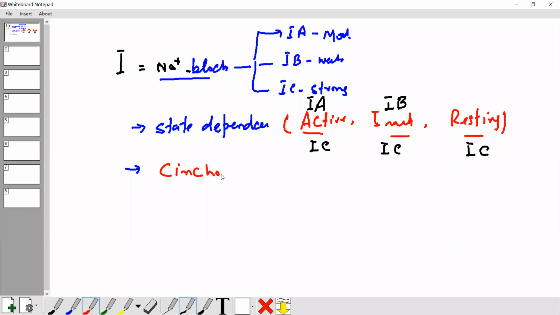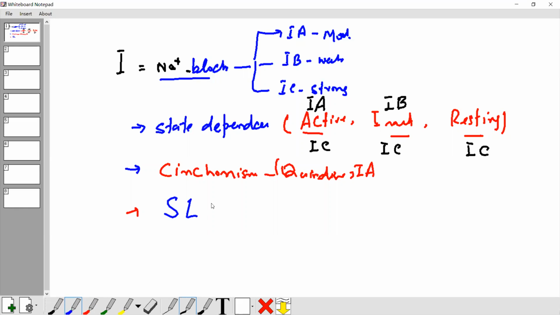Side effect of which drug? Cinchonism. Which group? 1A: quinidine, disopyramide, procainamide. Cinchonism is due to quinidine. Which group? 1A.